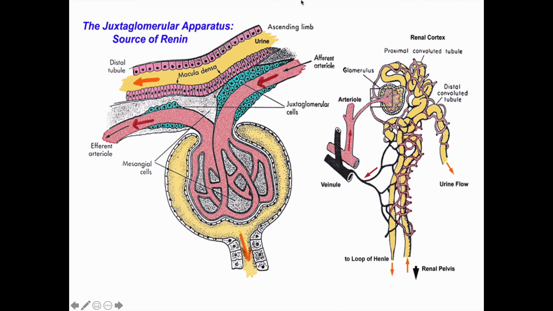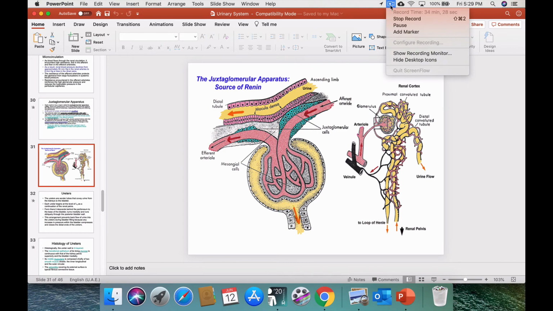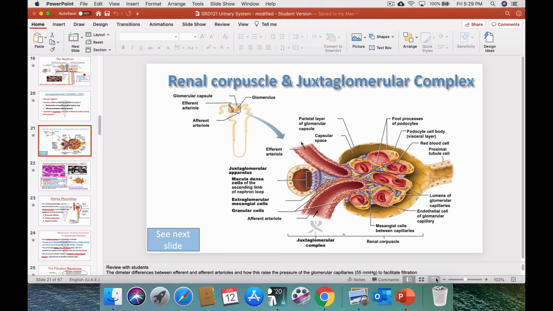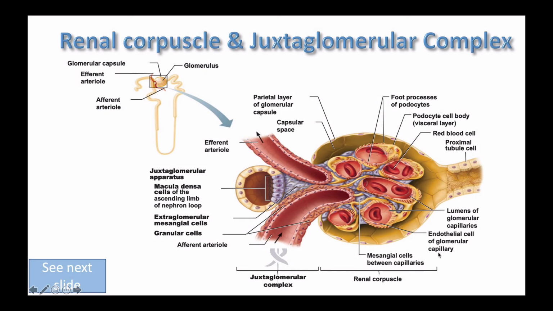So this is the juxtaglomerular apparatus. If you see here, this is the macula densa cell, and these are the juxtaglomerular cells.